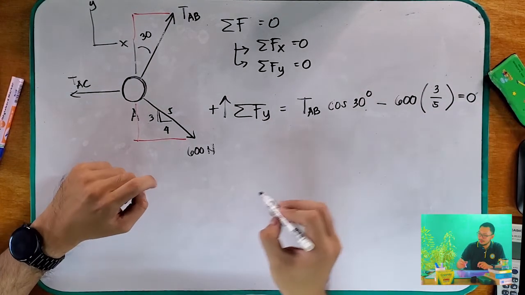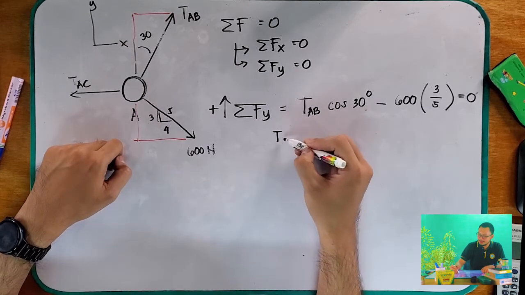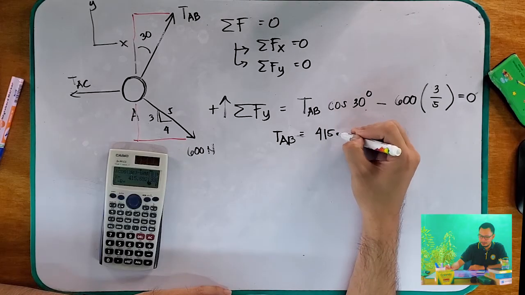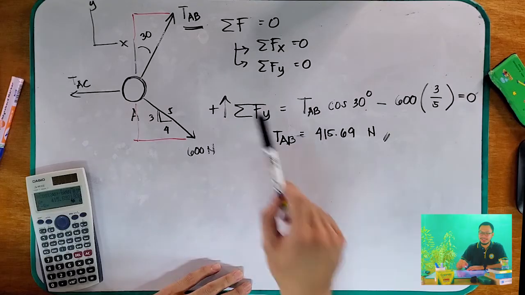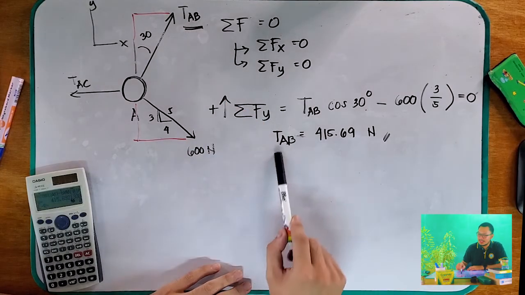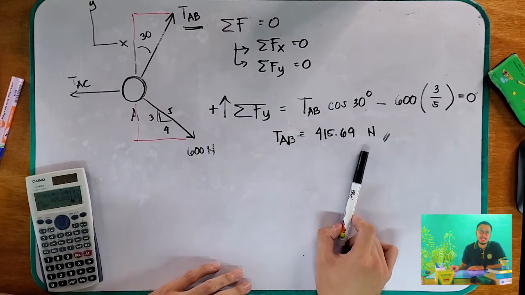Okay? So therefore, when you add this in the calculator, you will have an answer of 415.69 newtons. So we have this answer of 415.69 newtons, which means that your TAB has a magnitude of 415.69.